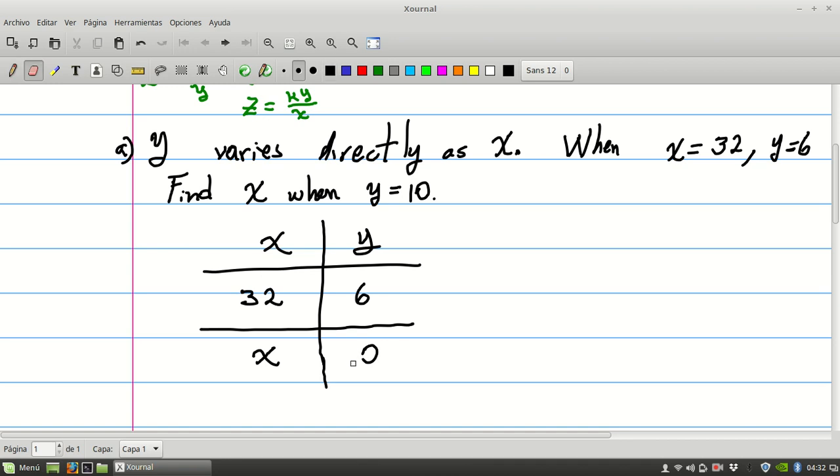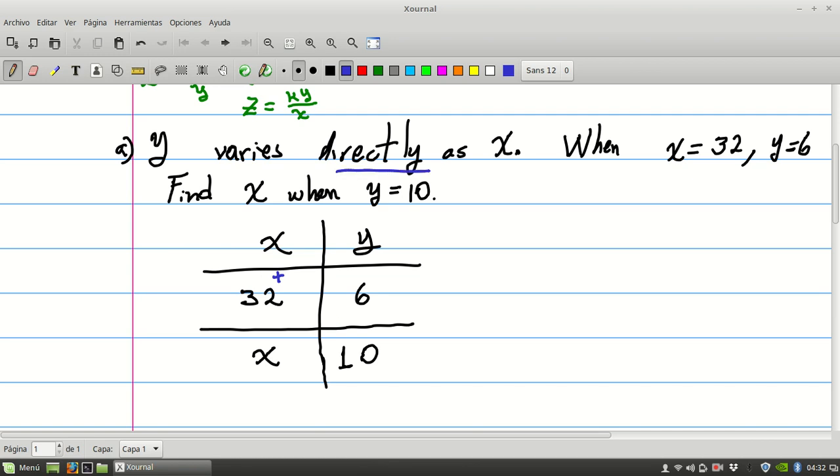So look at that, what we're doing here is just organizing in a table, and to find x, I'm going to use this method. The unknown variable x, I'm going to set with a positive sign, and then I'm going to check if it's a direct or inverse variation.